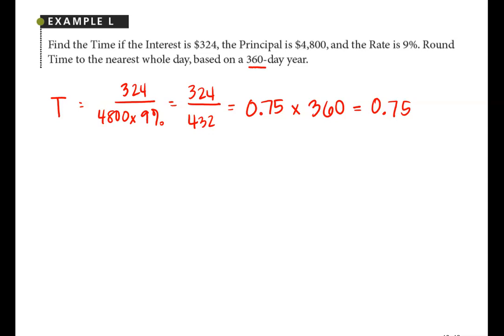And according to this question, it says based on a 360-day year. So what we need to do is convert this decimal into days. Because this is based on a 360-day year, we're multiplying that by 360, and 0.75 times 360 is 270. So time is 270 days. 270 days was the length of this specific loan.